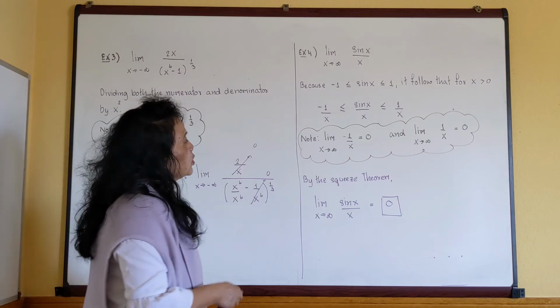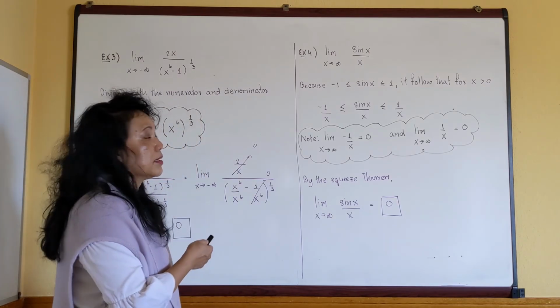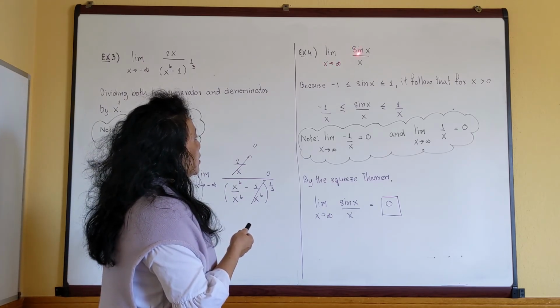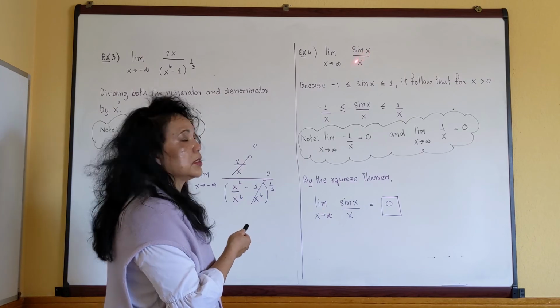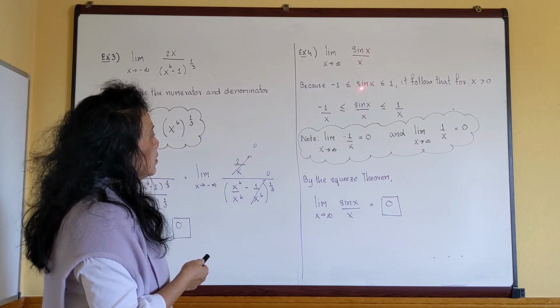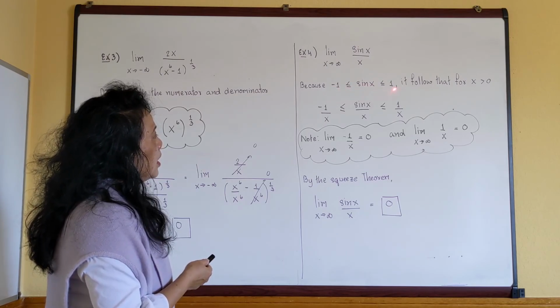The next one, I'm just going to show this for you one time, and you can always use it. Limit as x goes to negative infinity of sine of x over x will always equal 0. So from the unit circle, you know that sine of x is between negative 1 and 1.